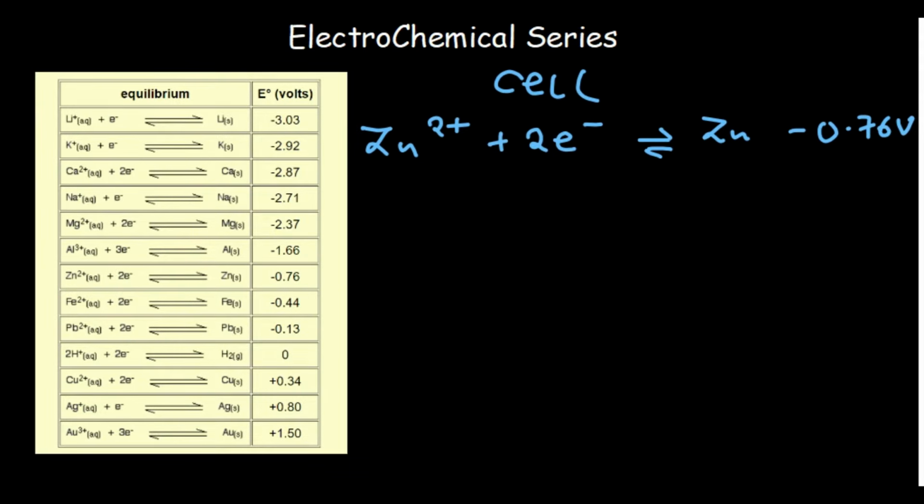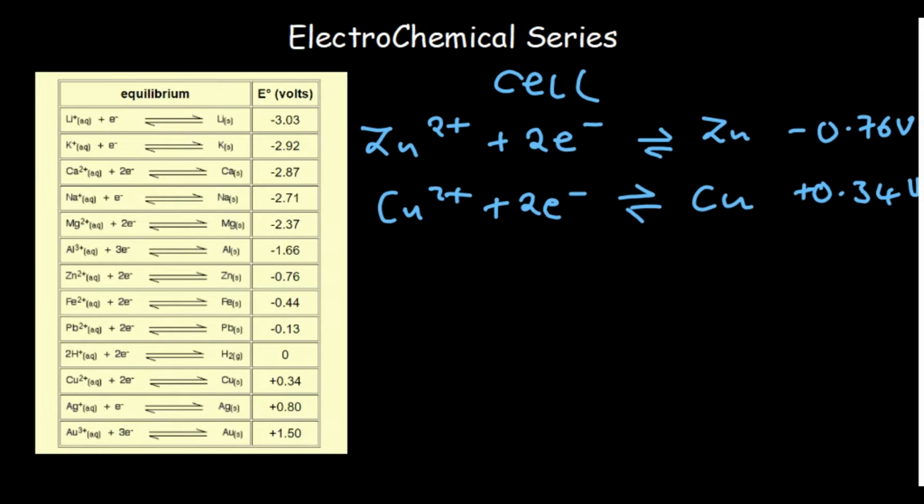And then for copper, Cu2+. If you check the way the equations are written, they are all written in the form of gaining electrons, meaning they are all representing reduction.